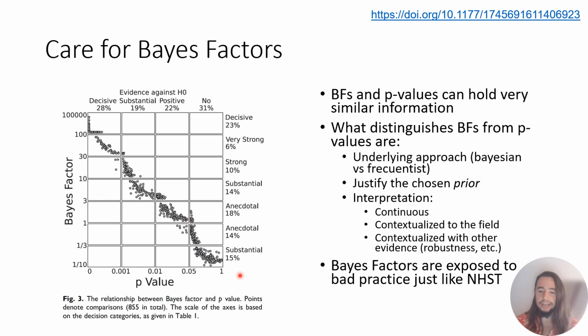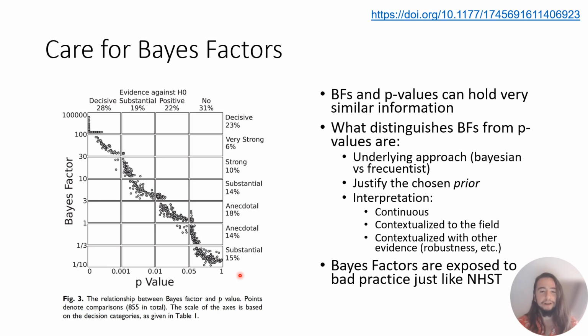You can also contextualize your Bayes factor with other evidence, for example, robustness analysis and also sequential analysis. This is not available with p-values because multiple comparisons are not allowed due to type 1 error inflation.